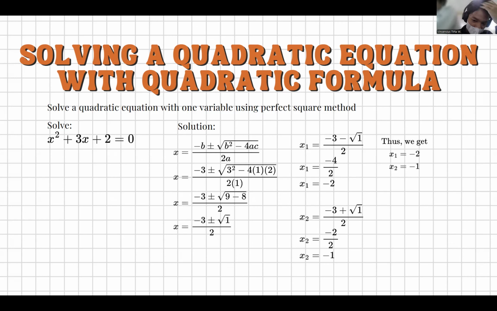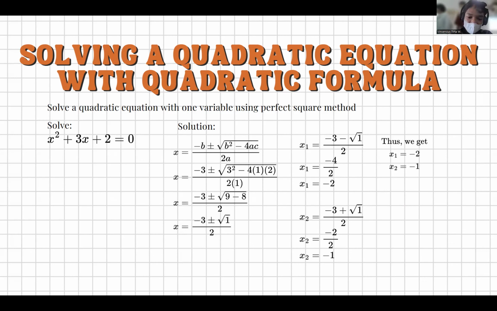Then we got a new equation of negative 3 plus minus the square root of 9 minus 8, then the sum of it is divided by 2. As we know, after subtracting 9 with 8, we got 1.